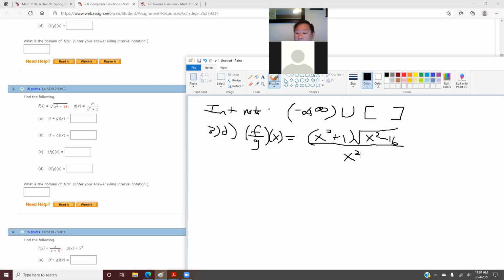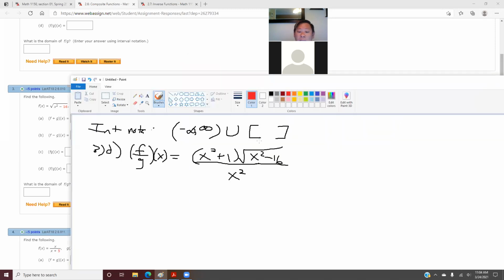Now, this is what we talked about last time in the Zoom. If you see something like this, you should know the interval notation. Remember last time we did one of those examples: 16 is the perfect square of what? 4. So in this case, we will use negative infinity to negative 4, and then 4 to infinity.